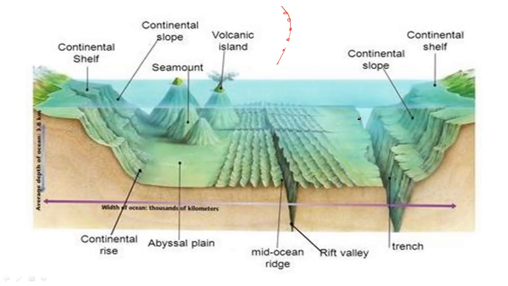Good. Then we have the guyots. Guyots are volcanoes, old volcanoes that they are not active anymore, and the top of the volcano has been eroded. Ha sido erosionado, and they stay under the sea level.